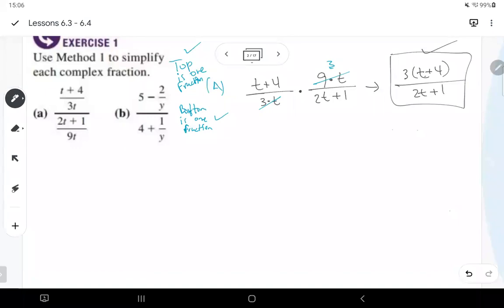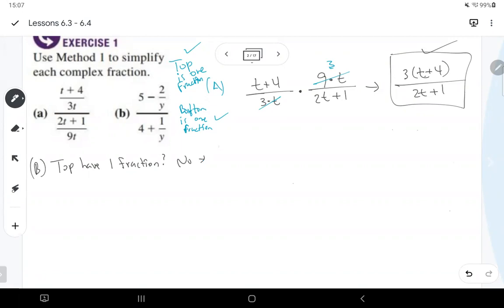Okay, so let's try the second problem, with kind of the same thought process. We have to see, does the top have one fraction? And the answer here is no. So then you have to make it have one.